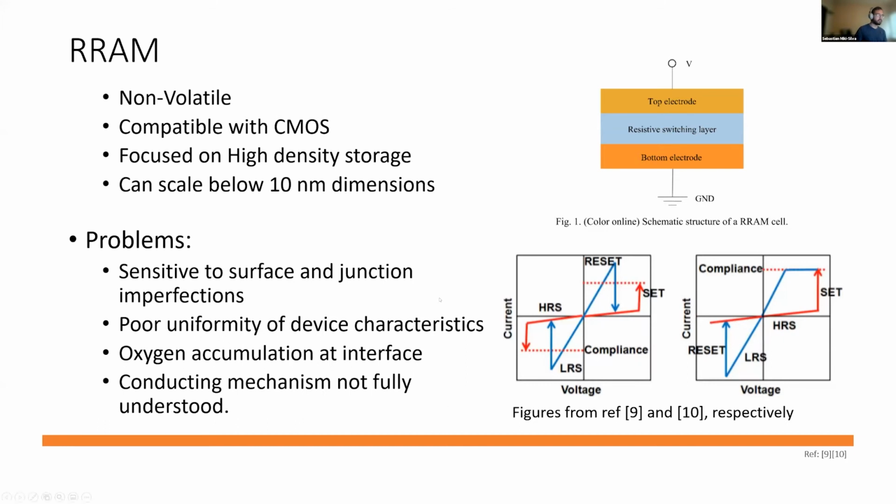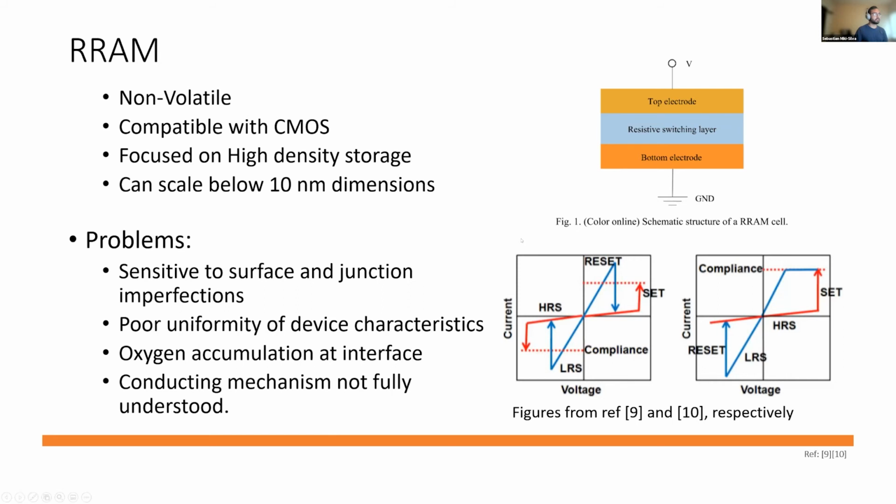So this leads me to talk about some of the issues. Because it uses this diffusion of ions, it's very sensitive to surface and junction imperfections. It also leads to poor uniformity in the actual device parameters. They mentioned that RRAM usually has very poor uniformity spatially, between actual cells in a single chip, and also over time.